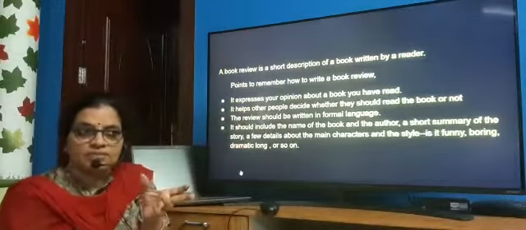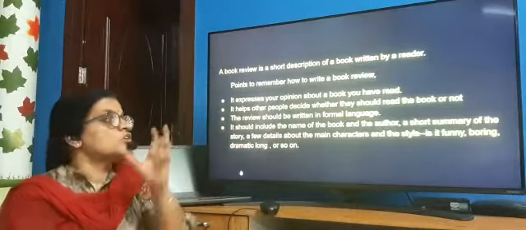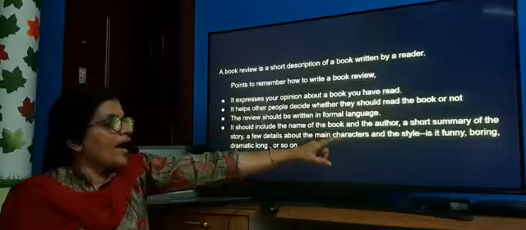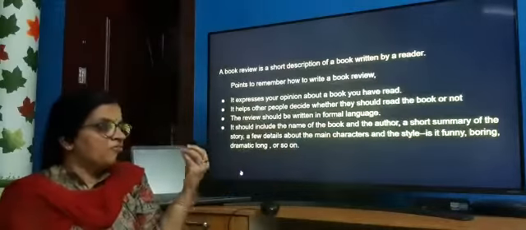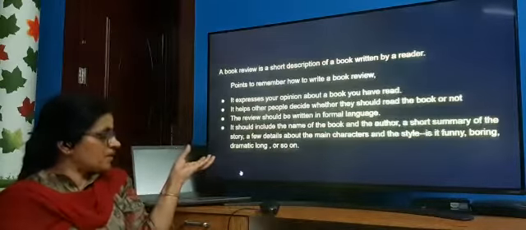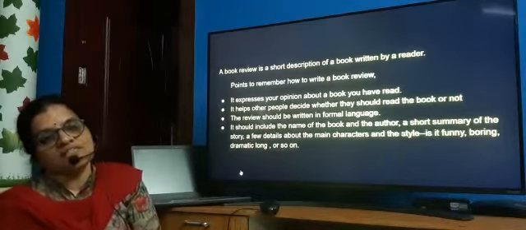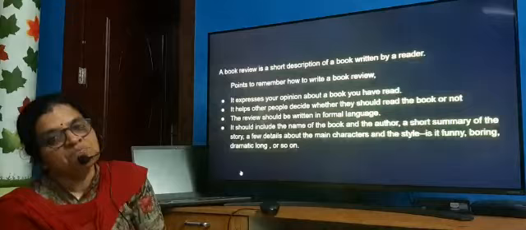Maybe the character will be there in all the stories. So that character's little detail you want to give, and the style, whether it is funny, boring, dramatic, like that. Any way you can write. So this is the way you can write the book review.